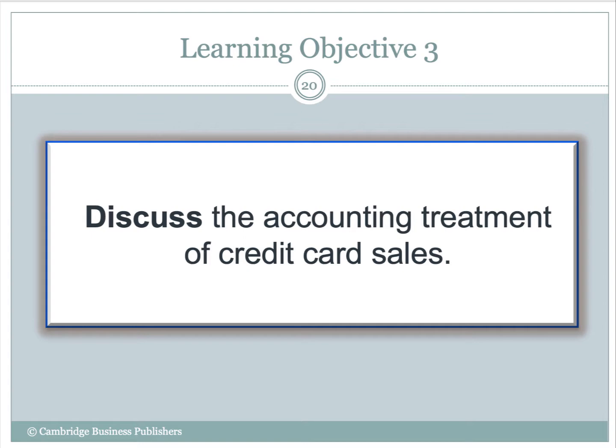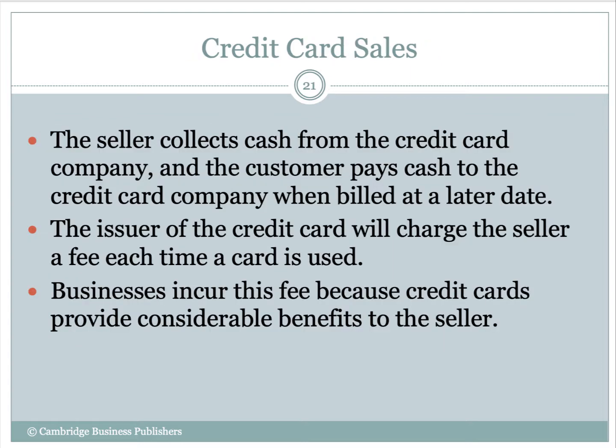Let's go ahead and talk about credit sales, specifically credit card sales, right? How do we account for those credit card sales? Well, we need to recognize that when it comes to credit card sales, the seller is collecting cash from the credit card company, right? The credit card company is that third party.